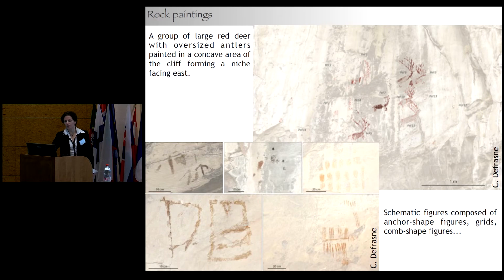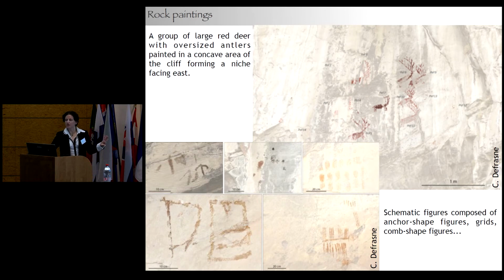There is a large panel with a red deer with oversized antlers, painted in a concave area of the cliff, and also schematic figures composed of anchor-shaped figures.